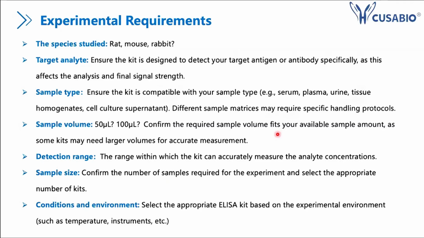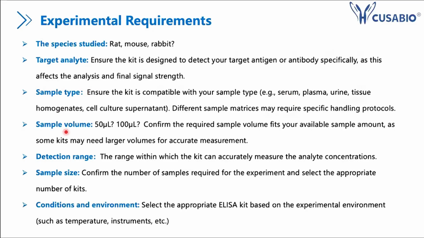Everything should begin with your requirement for the kits. You should be sure which species you are studying and which target analyte you are trying to detect. Please also be sure that you know your sample type, whether it is a serum sample, plasma sample, or cell culture supernatant.